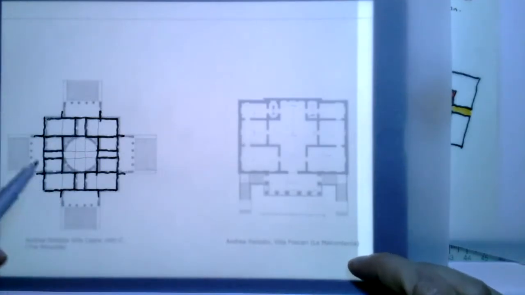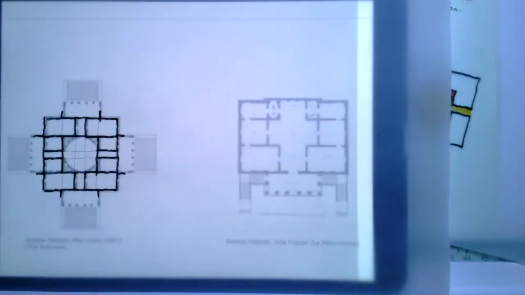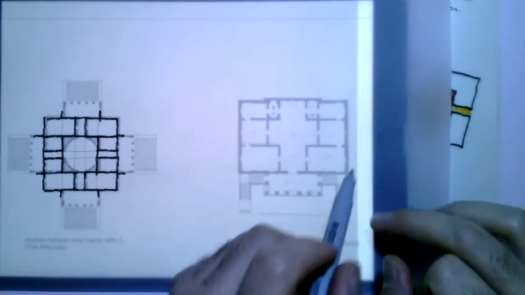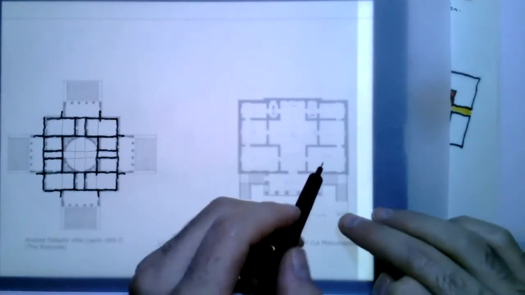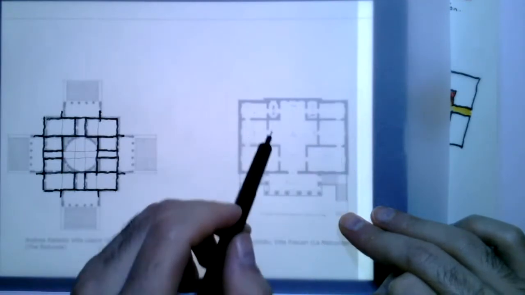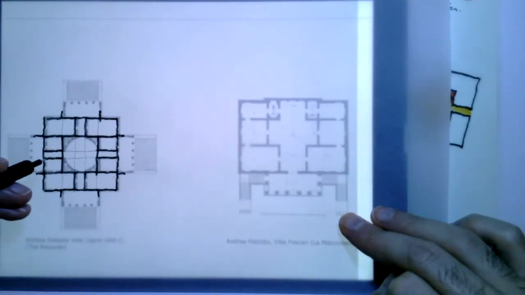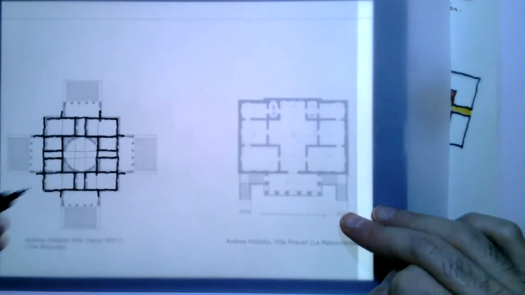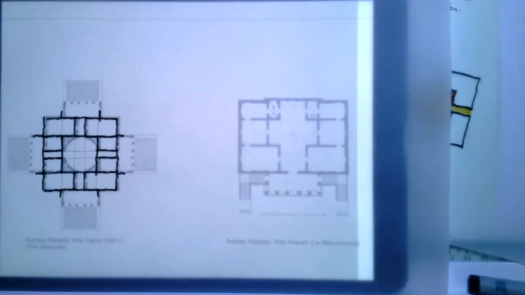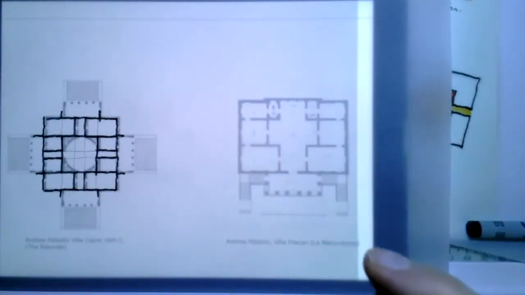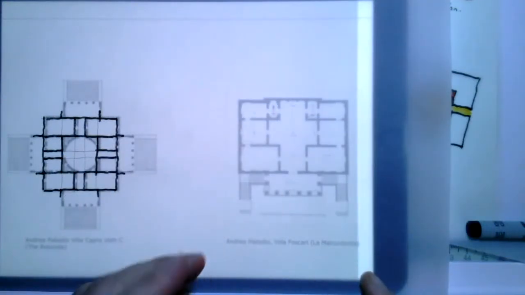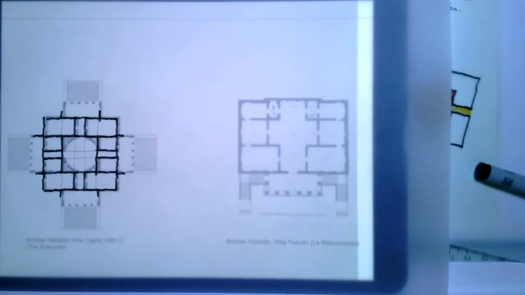So looking at the geometrical pattern as Rudolf Wittkower analyzed this particular building, he's analyzing this slightly differently than Villa Capra, because in Villa Capra we can see that very symmetrical geometrical pattern, which we don't see that strongly in the Villa Foscari.